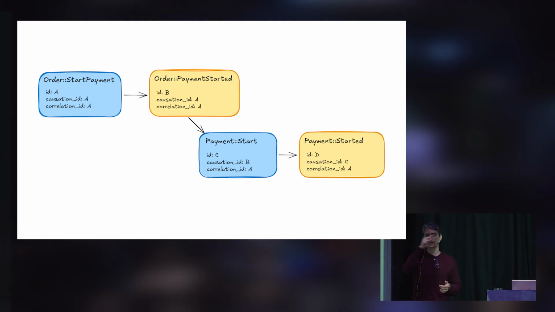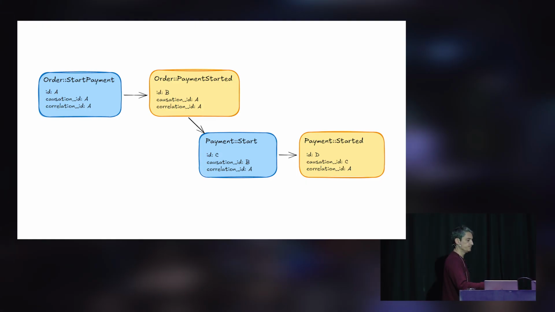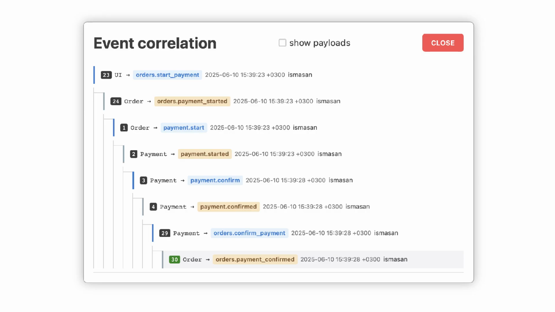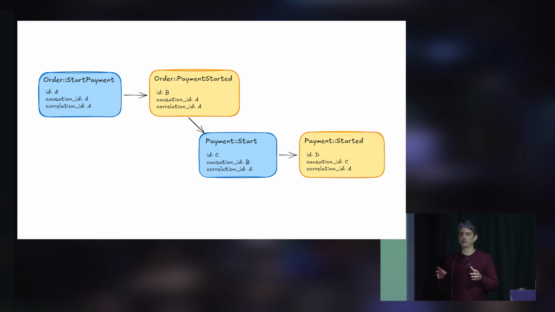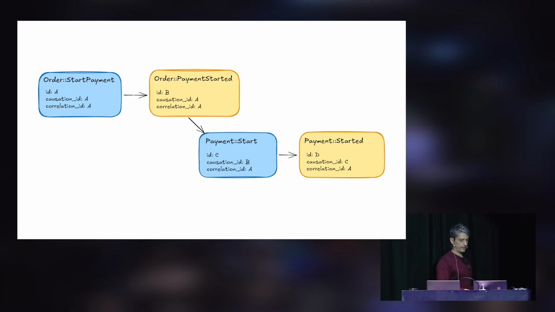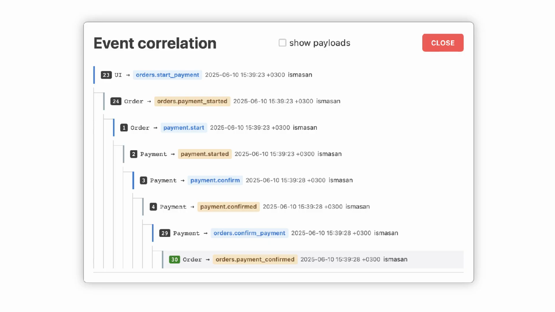So it's basically the causality chain. That's the causation. And the correlation is that all of those events in this workflow are correlated by the first command, which is the one that started the workflow in the first place. So with that data, you can build views like this that show you exactly what happened in a process, even though it's concurrent things talking to each other, right?